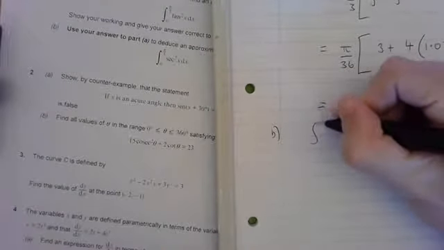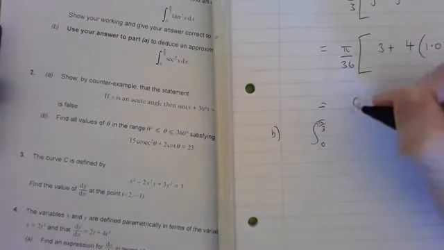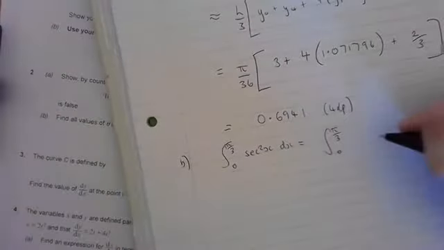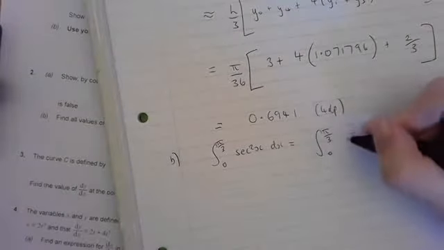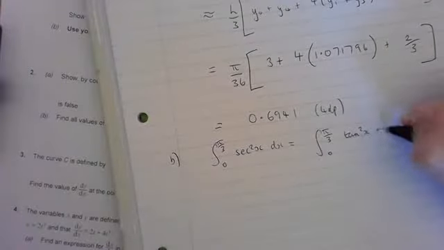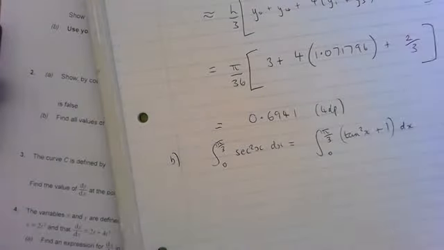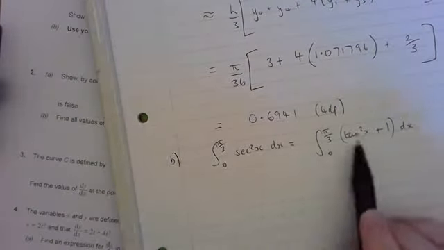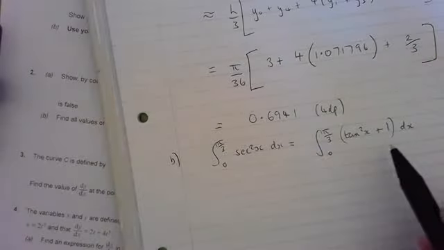So integral between pi by 3 and 0, they're the same limits as well, so that's good news, of sec squared x dx is equal to the integral between pi by 3 and 0 of tan squared x plus 1 dx. I'm going to put that in a bracket because there's two things, okay? But that is the same as that. That's what that definition told us from fact 3.